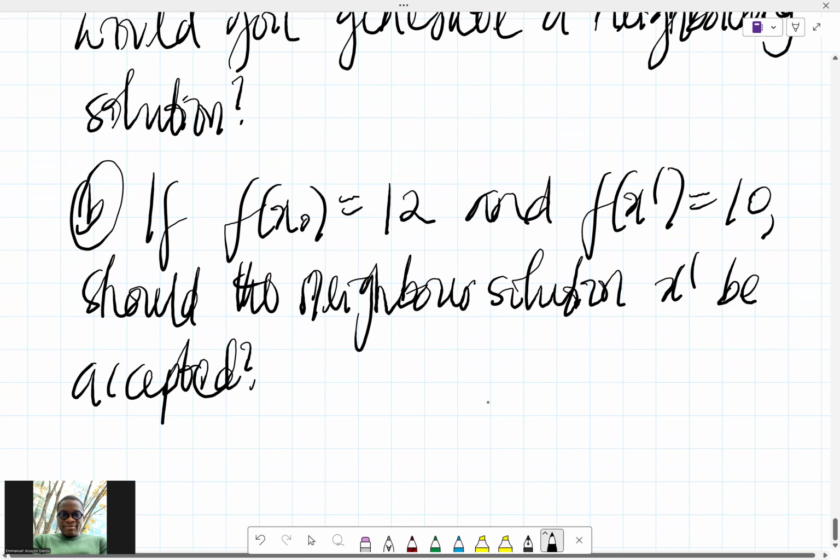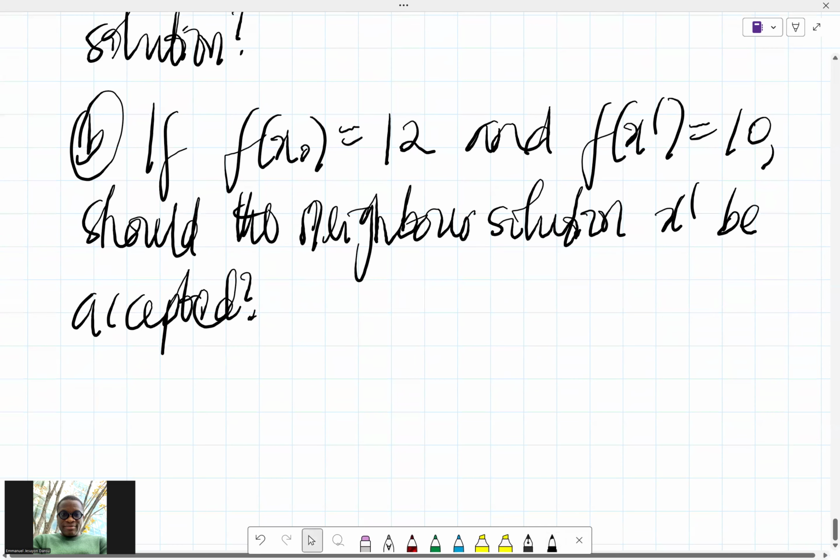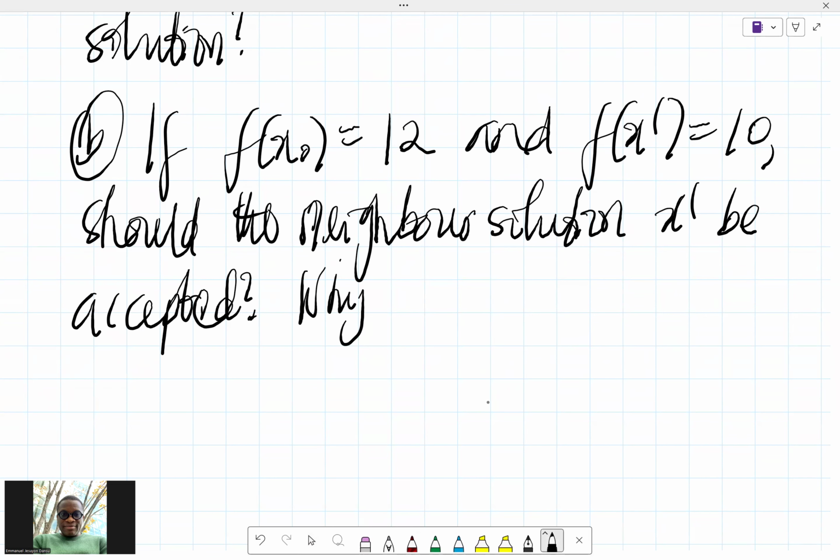I mean, that's the yes, right? Because the evaluation of that neighbor solution, 10, is less than 12. So, I mean, I've helped with that, right? And I've given you the reason. Should the neighbor solution x' be accepted? And the question is why or why not? I've also given you that. So that goes. All right.